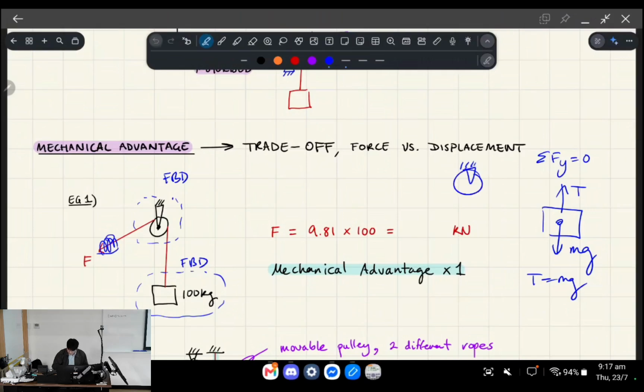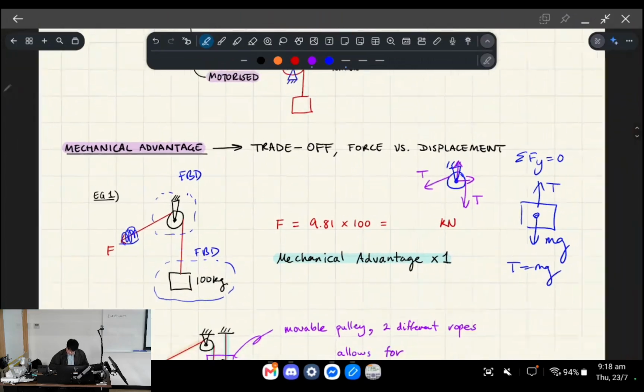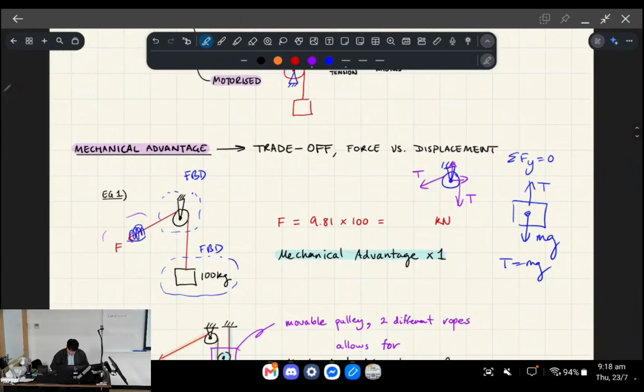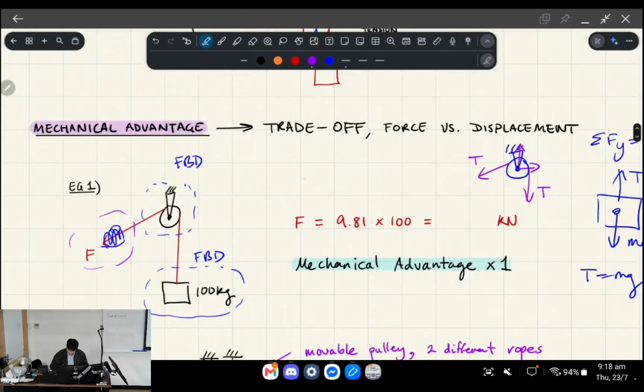This is kind of overkill what I'm doing, by the way, but I'm just trying to explain it thoroughly. You've got the rope, and you've got your reactions that are redirecting the tension force. So T over here is T over here, and the reactions balance it out, okay? And then finally over here, if you wanted to do a very thorough free body diagram analysis, get the person's hand, and that's the force that's applied, and the tension force in the rope.